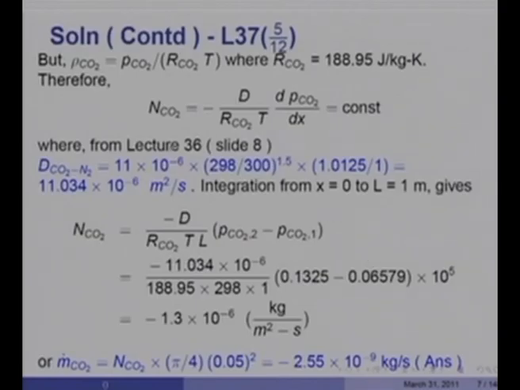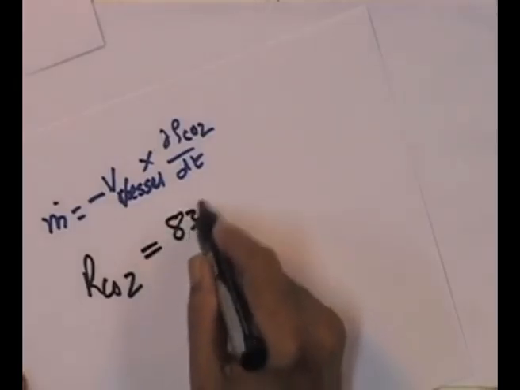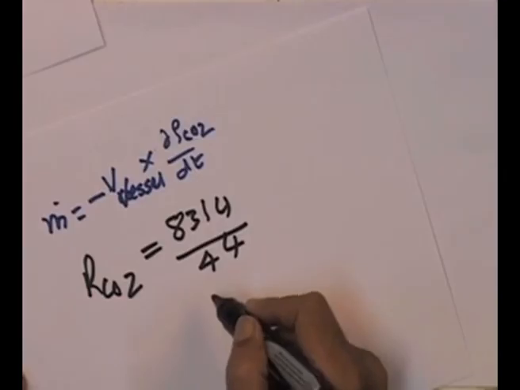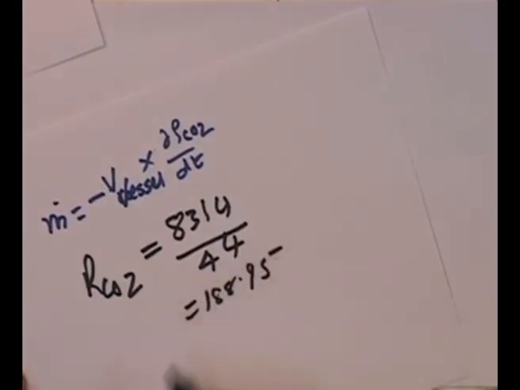So, rho CO2 is pCO2 divided by R CO2 T from the ideal gas law, and R CO2 will be 8314 divided by 44, which is equal to 188.95.